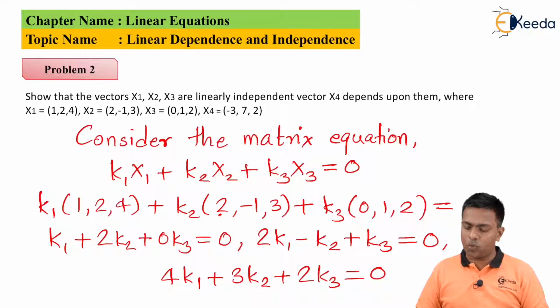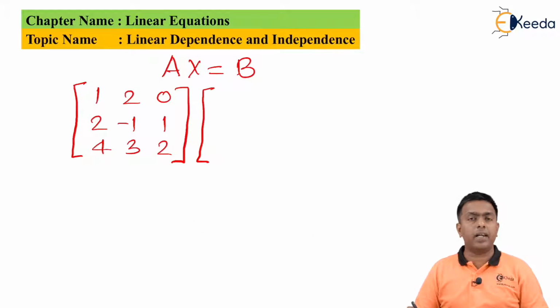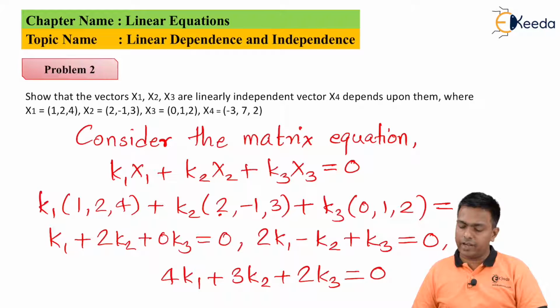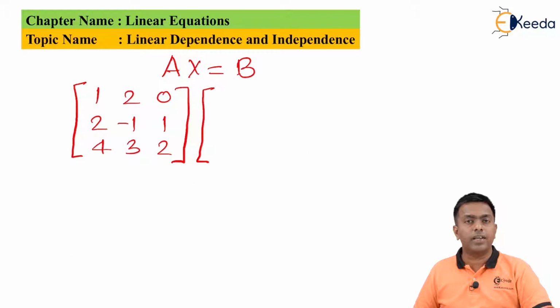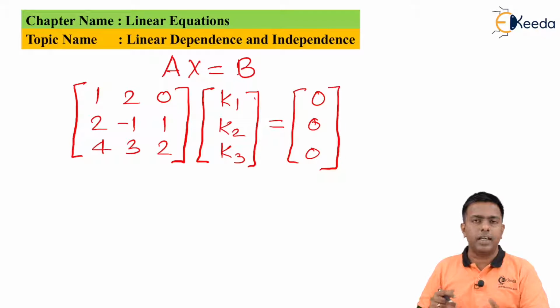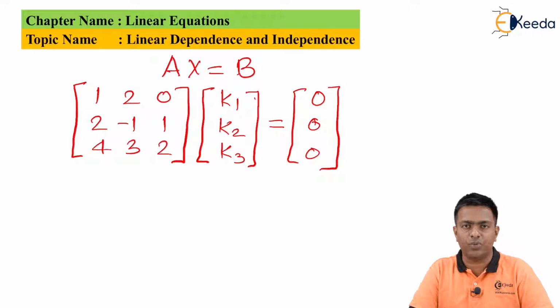So the coefficients are 1, 2, 0, that will become first row, 2, minus 1, 1 will become second row and 4, 3, 2 will become the third row. Now this capital X is a matrix of variables. So in our case, the variables are k1, k2, k3. And we got B as all zeros since in our equation the constants are 0.